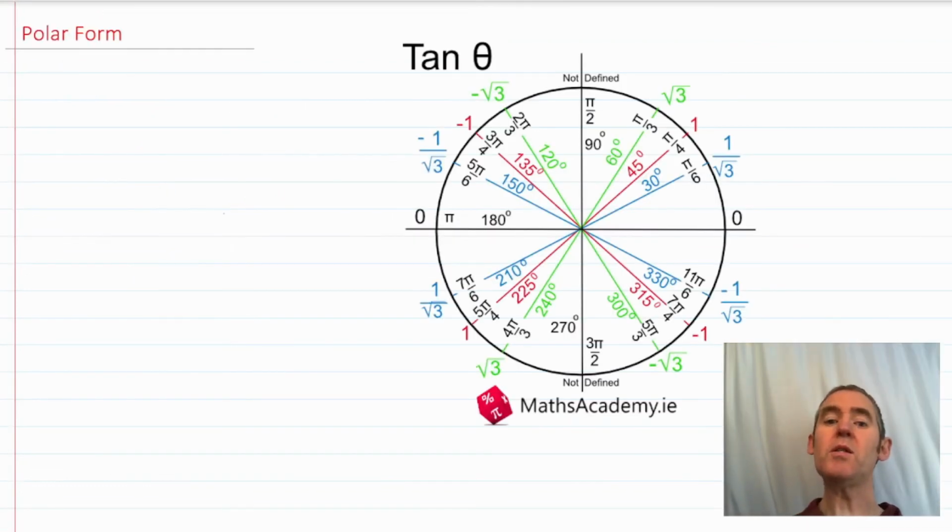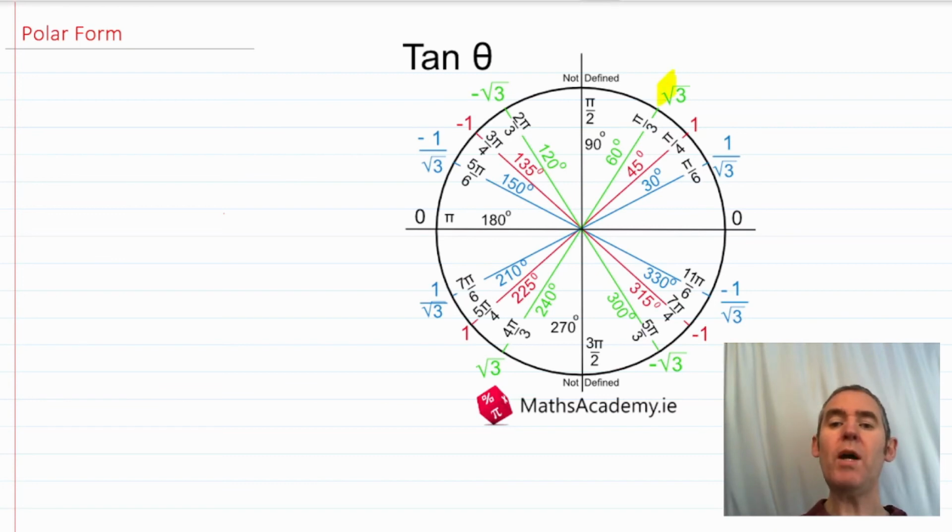Another thing we might mention is that when you're getting the argument of a complex number, there are particular values for tan that you should look out for. Here we have the unit circle, and we have the values for tan for the different angles.